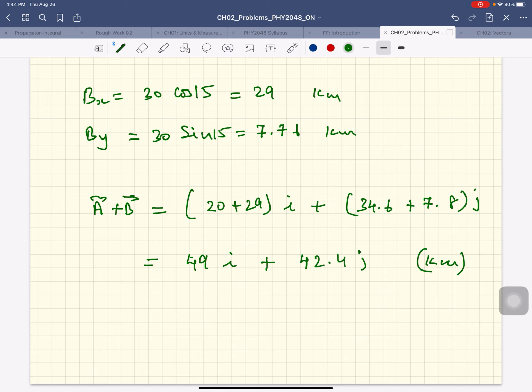Okay, of course the units are kilometers. We'll call this R. Okay. And magnitude of R is square root of 49 squared plus 42.4 squared.